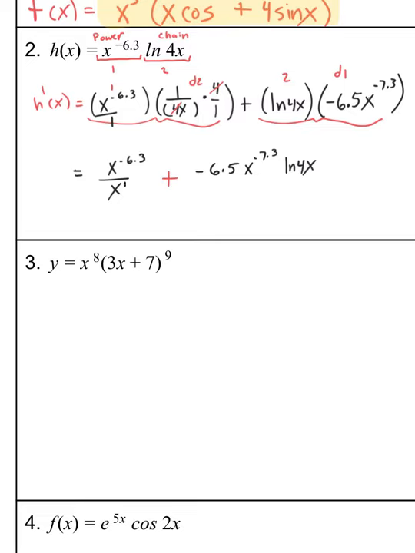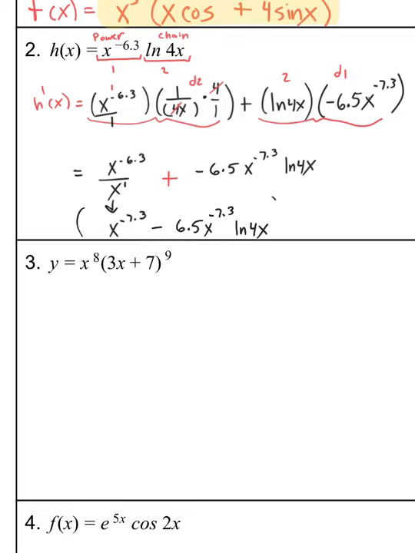All right, so I have x to the negative 6.3 minus 1, so that gives me x to the negative 7.3. All right, and then I bring down my second term as is. I'm going to change this to negative because I have a positive and a negative, so that gives me negative 6.3x to the negative 7.3 ln 4x.